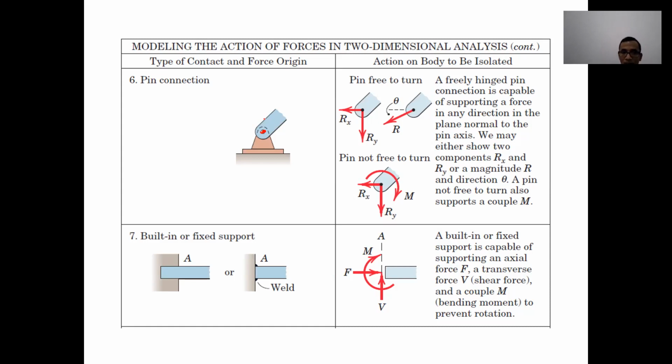In that case, it will only be able to withstand the vertical and horizontal movement. That's why we can replace the pin with vertical and horizontal force like this.